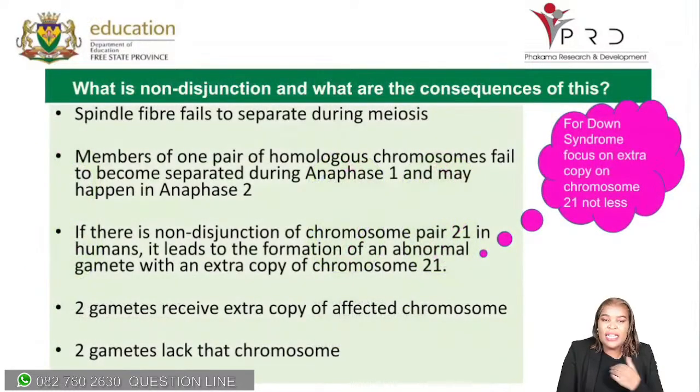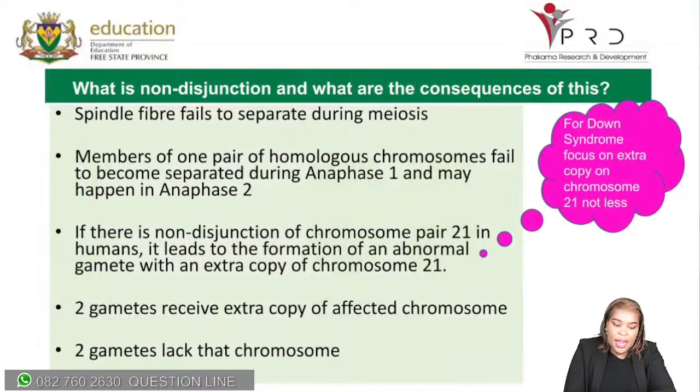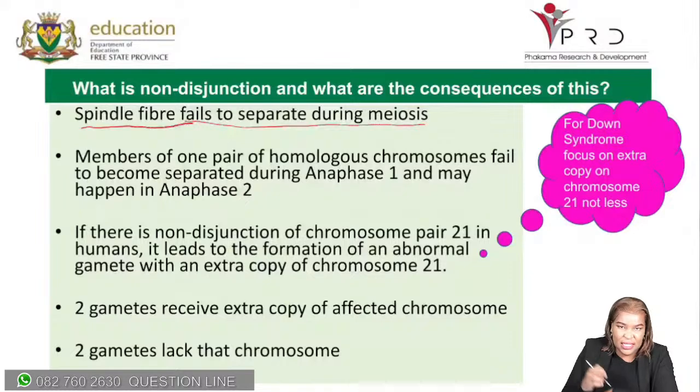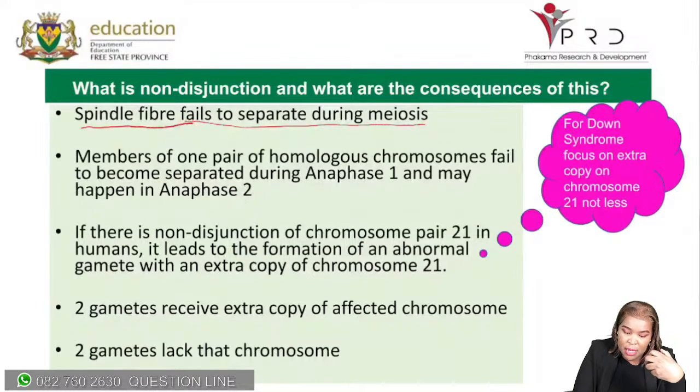So what is non-disjunction? We spoke just a little bit about it now, and what are the consequences of this non-disjunction? Now, remember the spindle fibers that we spoke about at anaphase, that they must contract. Those spindle fibers, sometimes they fail. They fail to contract and separate the chromosomes or the chromatids.